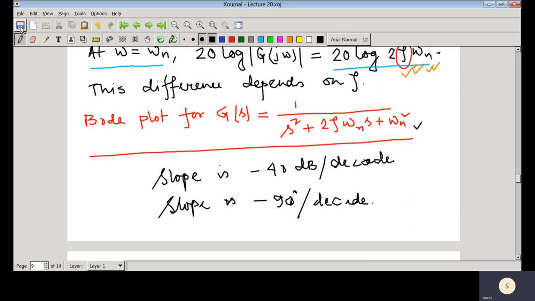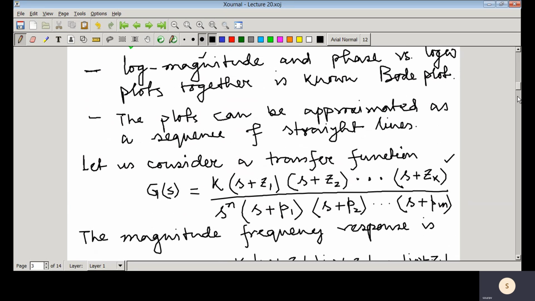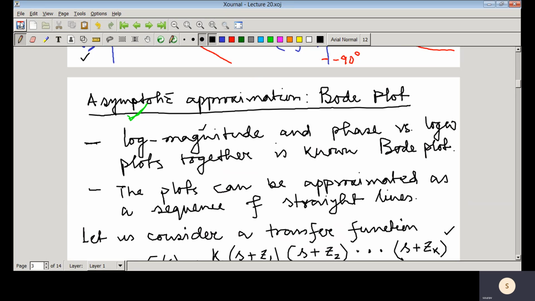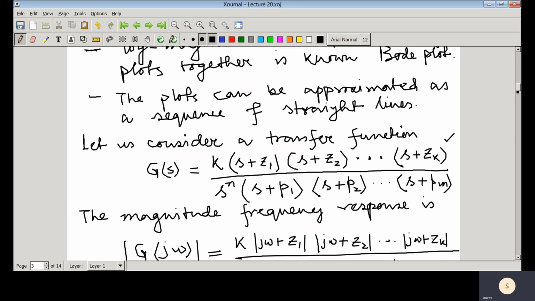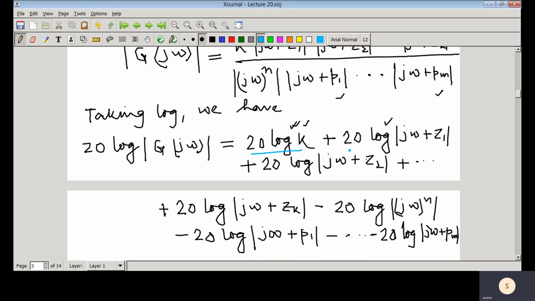So let us see what we have seen. We are trying to understand the asymptotic approximation, that is the Bode plot, gain and phase. We have seen that whenever the loop transfer function is given in this particular pole zero form, and we take the magnitude in log, it is the sum of all the gain and zero terms minus all the pole terms.